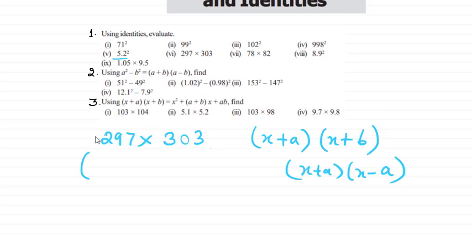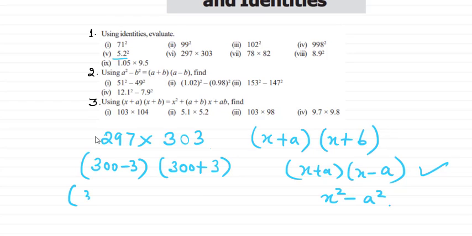Here you see 297 is nearest to 300, so I'm writing it as 300 minus 3, and 303 can be written as 300 plus 3. Now you can see the second one you can apply here. It is x plus a into x minus a, which says x square minus a square. That's the identity. So here it is 300 square minus 3 square.